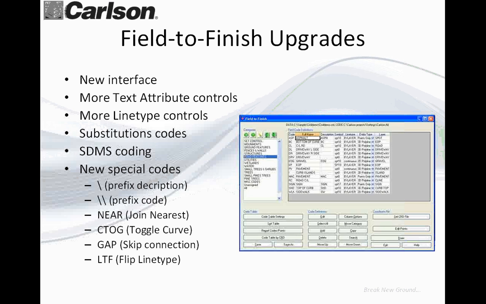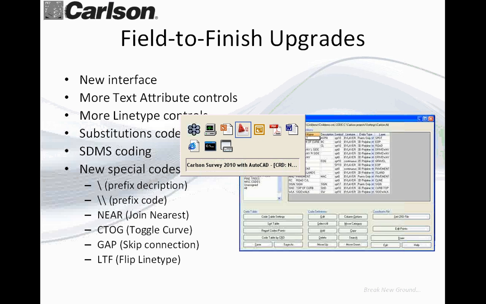We added support for SDMS coding style, and there are 5 different methods of connecting line work. And there's 6 new special codes: prefix description, prefix code, join nearest, toggling curves on and off, gap to skip a connection in a line, and flip line work. For example, for a tree line, and you want the bubbles to face one way versus the other, you can use that.